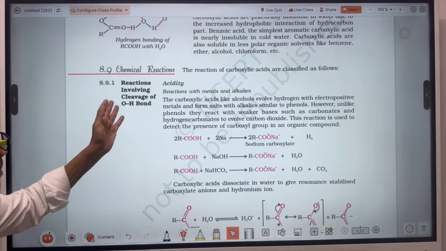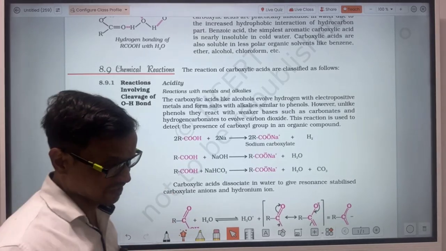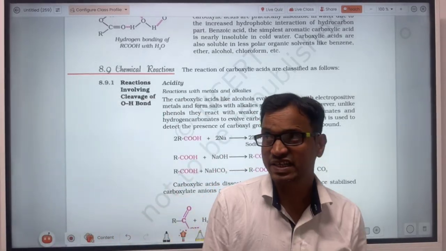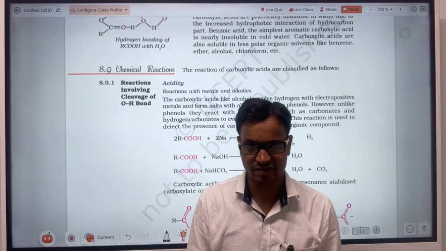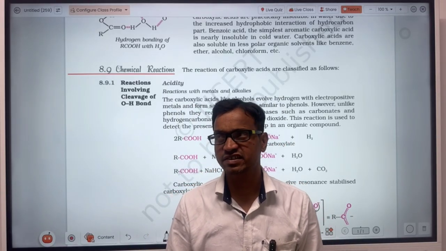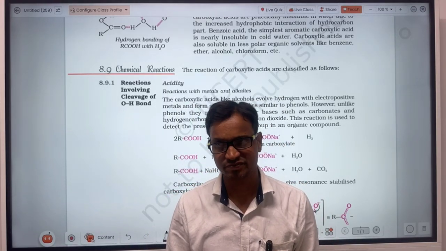First, the carboxylic acid shows 3 types of chemical reactions, two of which are similar to those of alcohol.